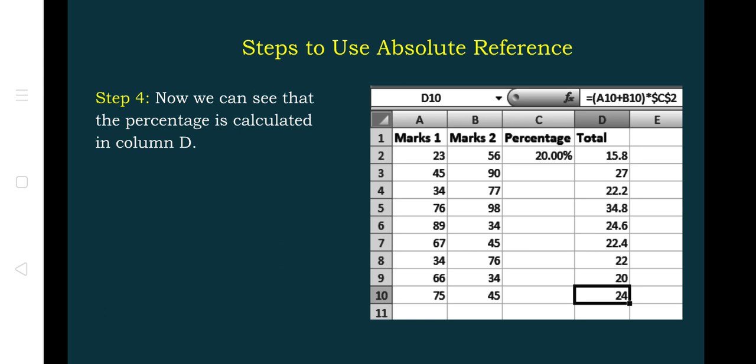You can see that A has changed from 2 to 10 and B has also changed from 2 to 10, because they are relative references, relative to each other. But in the formula, $C$2 is constant, so it is not changing. It is always $C$2. It is not changing as C3, C4 or C5. It is just the fixed value $C$2. This is how the absolute reference is used in any formula in Excel.